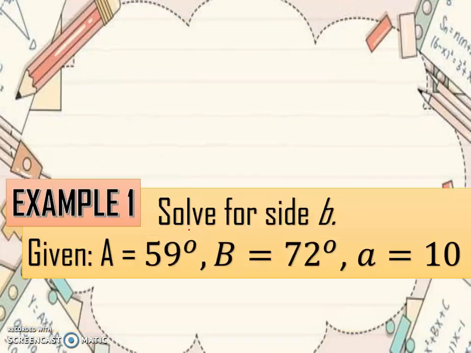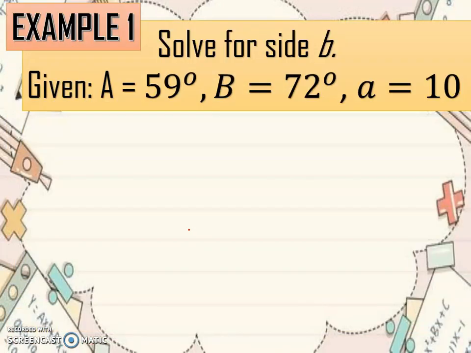Let's proceed with example number 1. Solve for side b. Given angle A is 59 degrees, angle B equals 72 degrees, and side a equals 10. You must be careful, class, because if the letter is capital, then it means angle, and if the letter is a small one, then it means the side.